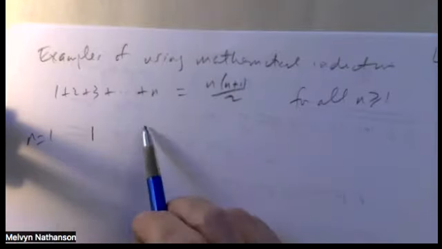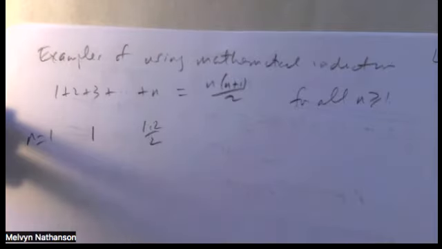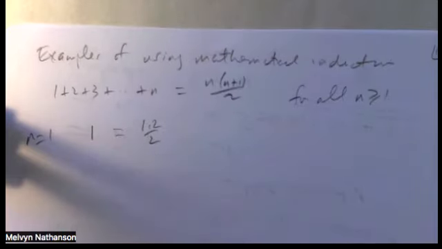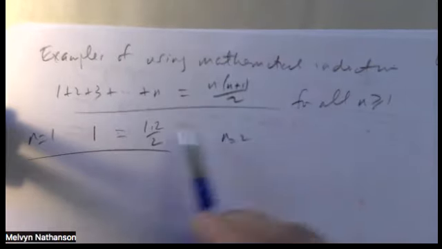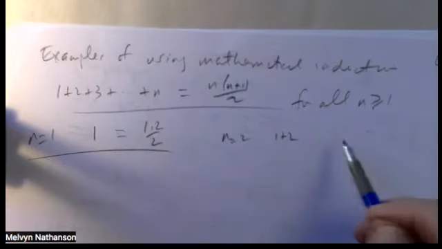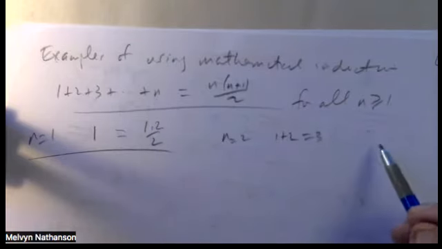Of course, you can check that this is true. When n equals 1, on the left-hand side, you get 1. On the right-hand side, you get 1 times 2 over 2, which is 1. When n equals 2, on the left, you have 1 plus 2, which is 3.